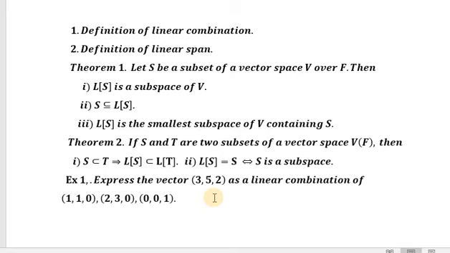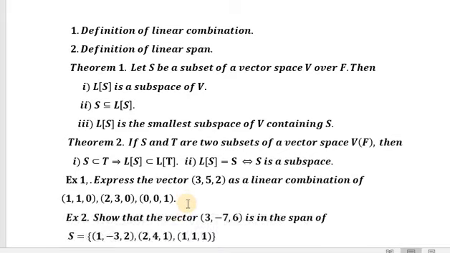And also we are working a few examples based on these linear combinations and linear span. The first one: express the vector (3, 5, 2) as a linear combination of (1, 1, 0), (2, 3, 0) and (0, 0, 1). This is example 1.